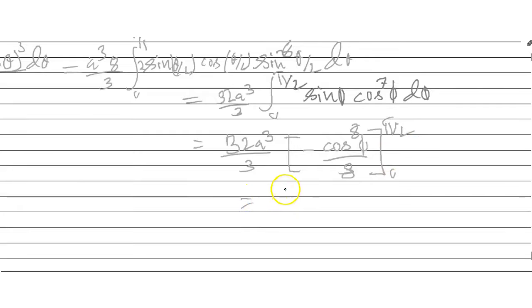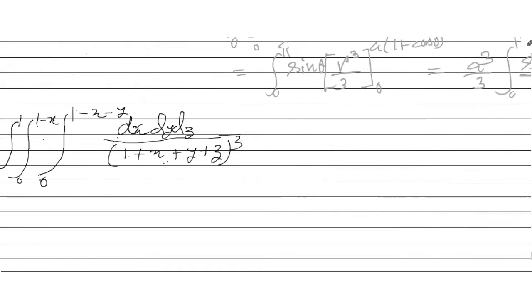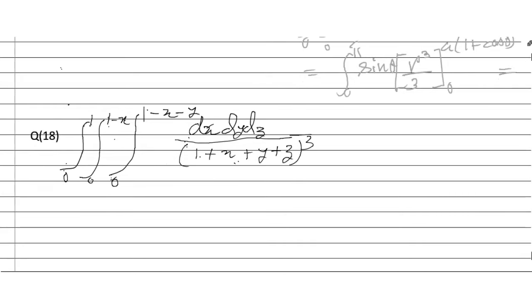So it can be written 32 a cube by 3 into 1 by 8 equal to 4 a cube by 3. So I hope I can clear this concept.